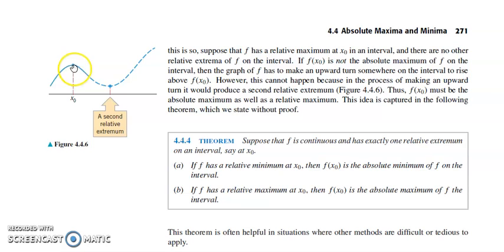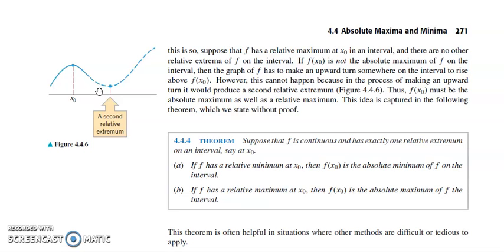So the relative extremum will become the absolute maximum. The same thing applies in the case of a minimum also. For a minimum to occur, it must first attain a maximum before reaching the next minimum. So if there is a minimum point, that minimum point will again be the absolute minimum.